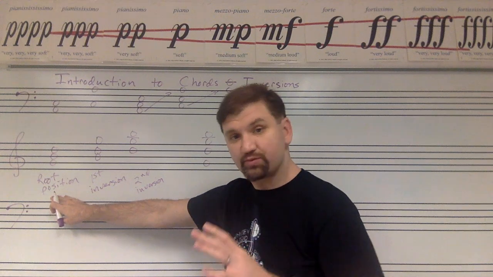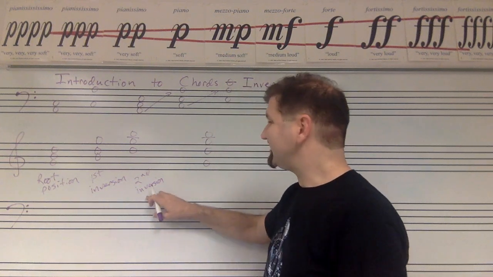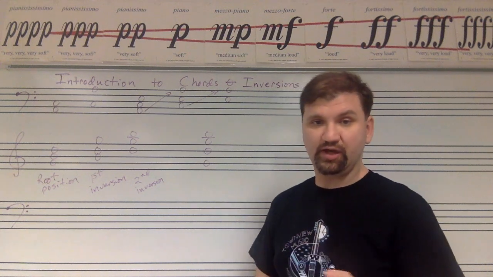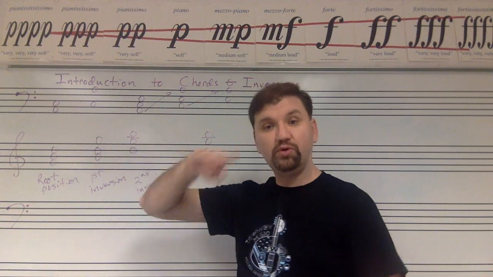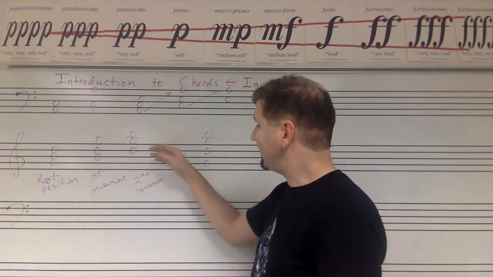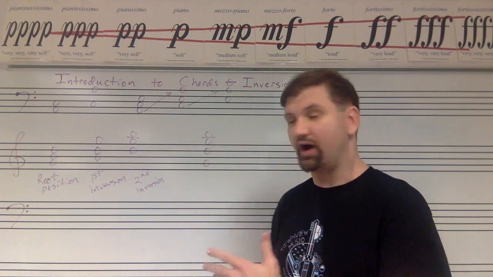So root position has the root on bottom, first inversion has the third on bottom, and second inversion has the fifth on bottom. Or you can think of first inversion as the first time we've moved a note to a different octave, and second inversion is the second time we've moved a note to a different octave.